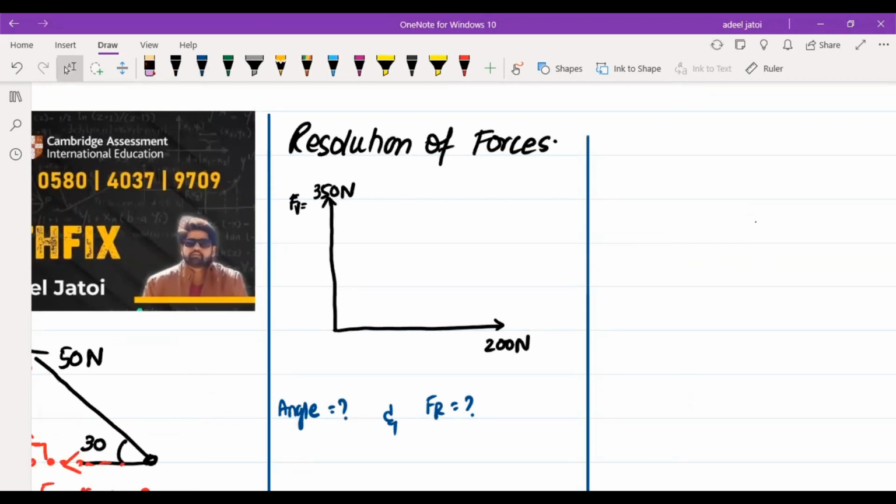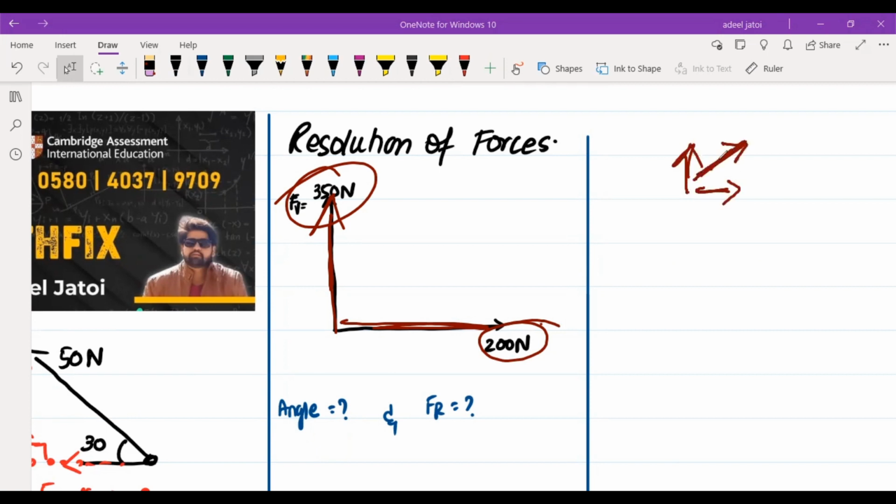So what we need to understand is that in such cases, one thing that we know is that there is a vertical force that is 350. There's a horizontal force that is acting towards horizontal. So that means if the force is being applied from up and on the right, somewhere the object will move towards the diagonal right hand side.